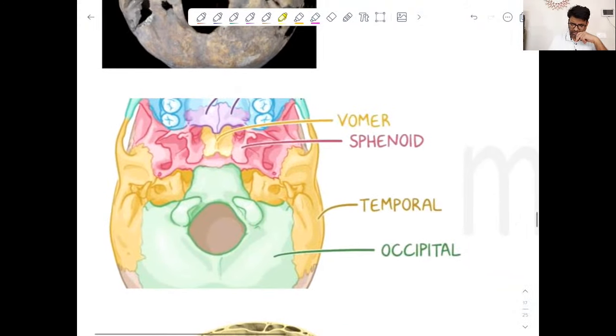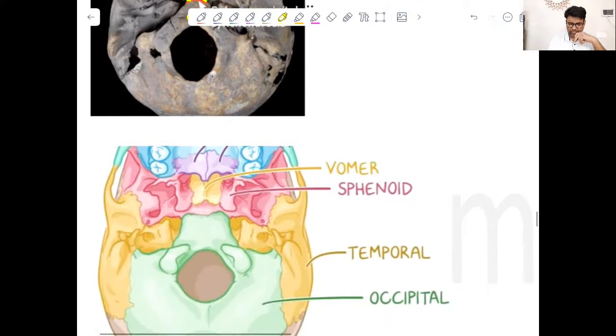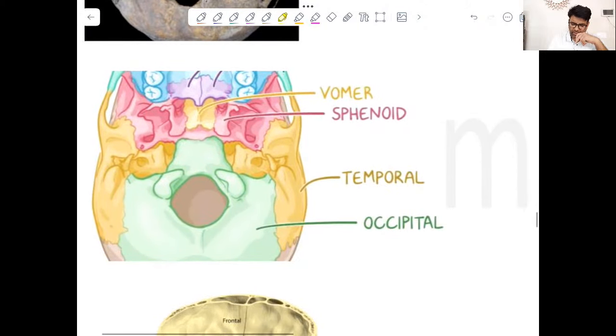And again, in this image, which is just a skull sample, you can see this area is sphenoid and this is occiput. So this particular point is the base occiput and base sphenoid junction. Again, we are looking at the skull from the base, and this is known as norma basalis.